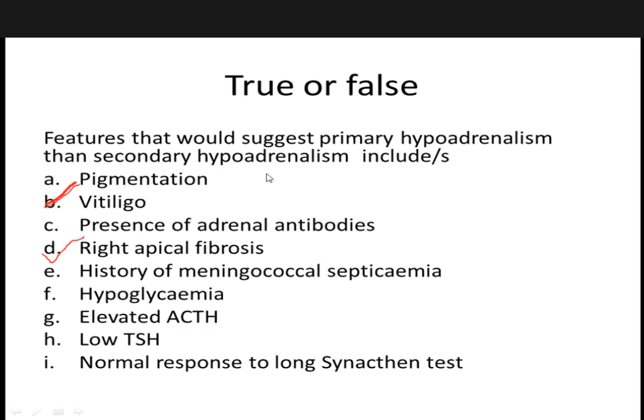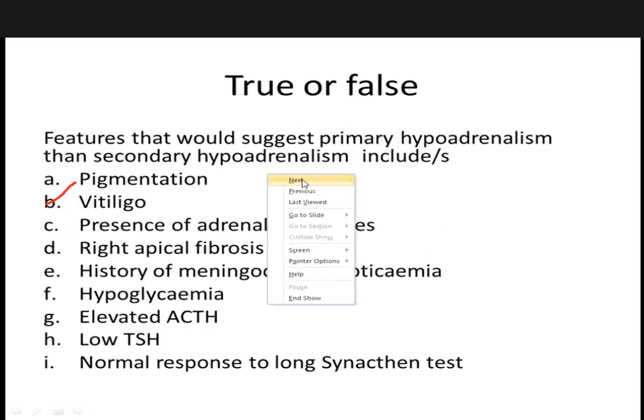Not after 1 hour, but after a long period, after 48 hours. So that is called the long Synacthen test. Patients will have a normal response if the cause is secondary adrenal failure, but it is no longer being done because nowadays we have facilities to do serum ACTH level.